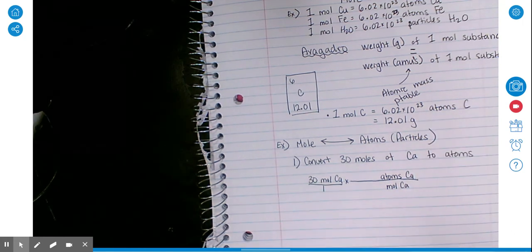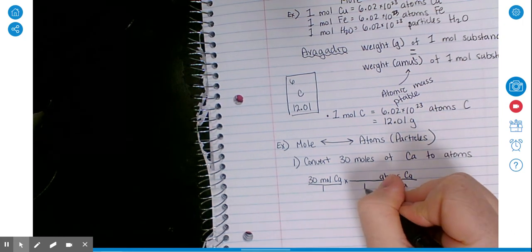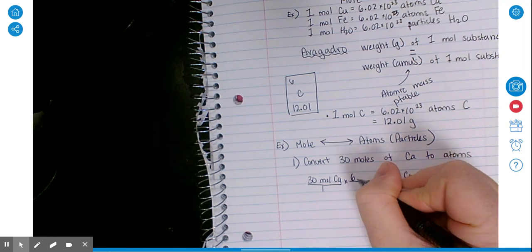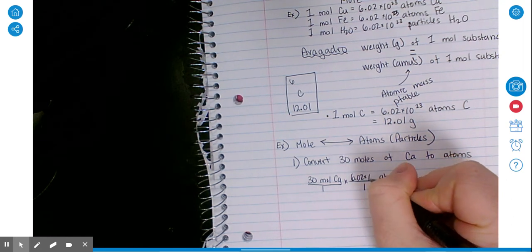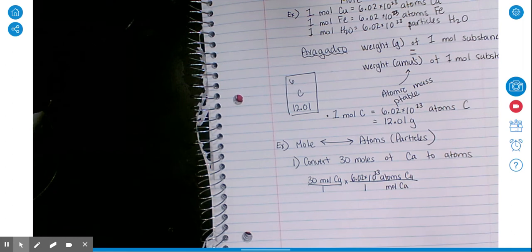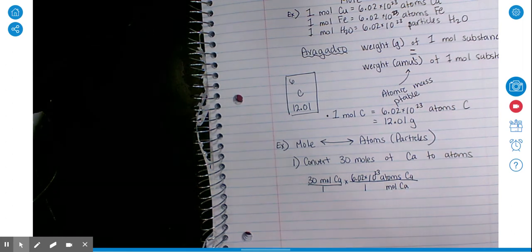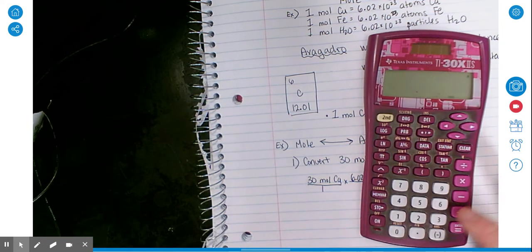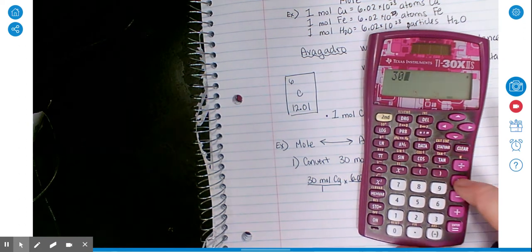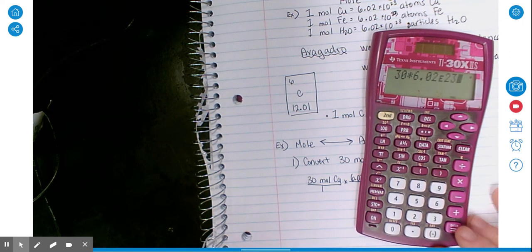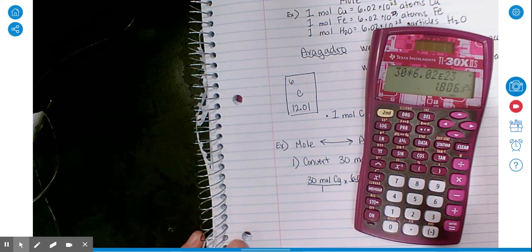Using the moles just like we use a conversion factor. 1 mole of a substance contains 6.02 times 10 to the 23rd atoms of that substance. Take that, plug it into your calculator. 30 times 6.02 times 10, which is that EE key, to the 23rd.